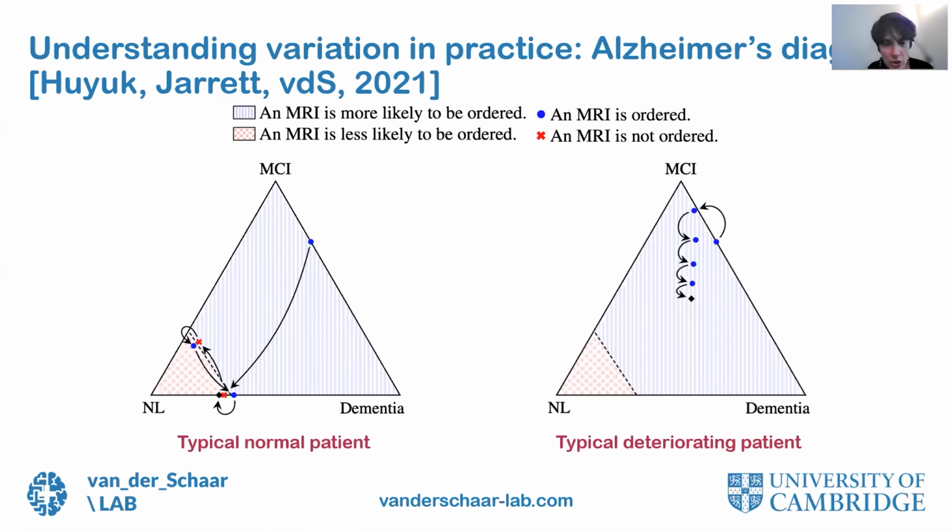And one particular application of this quantitative epistemology is understanding variation in practice. And we took this type of technology to understanding why certain patients are diagnosed late with Alzheimer's, while others are diagnosed early. And we looked at the different types of tests that are given to them and when. And we identified biases associated with certain classes of patients, such as certain types of women, which are often diagnosed late, and try to understand why, with the overall focus of understanding variation and empowering clinicians such that they don't let such patients down.